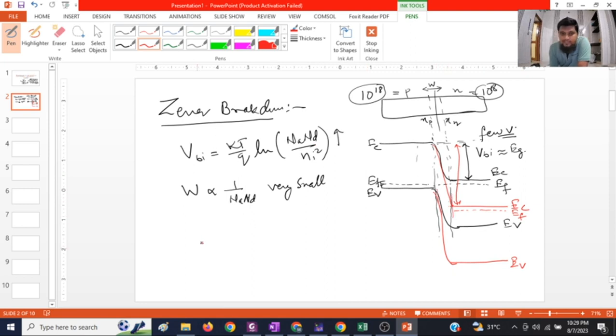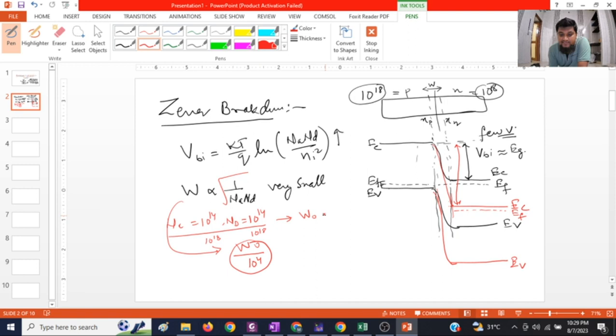If for NA and ND of 10 to the power 14, whatever W is, let's assume W naught, then this W will be W naught divided by the root of 10 to the power 18 and 10 to the power 18, so W naught by 10 to the power 4.